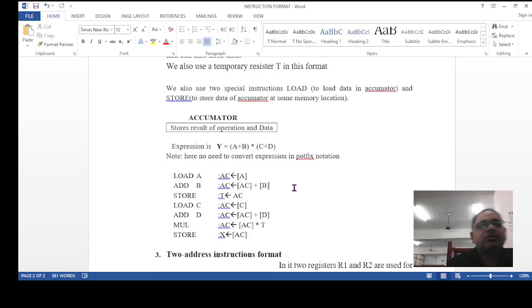So I'm repeating, load is used to store some data in the accumulator, and store is used to store the contents of the accumulator at some memory location. Rest, as you are seeing in this video, there is add, and mul, which is used to multiply.